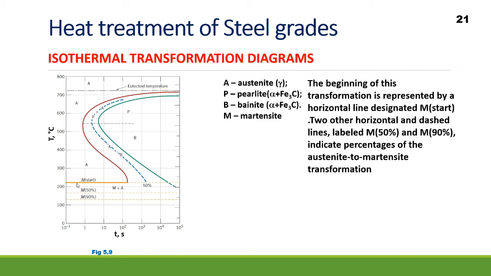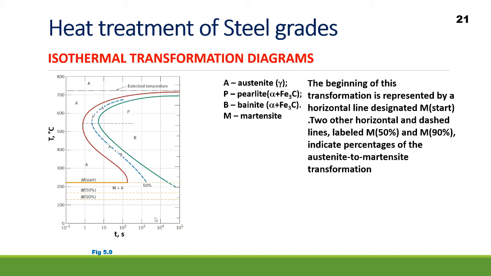Here, around 170 degrees Celsius, the martensitic transformation is 50%, and here it is 90%. The basic point about this horizontal line is that there is no effect of time on the formation of martensite.